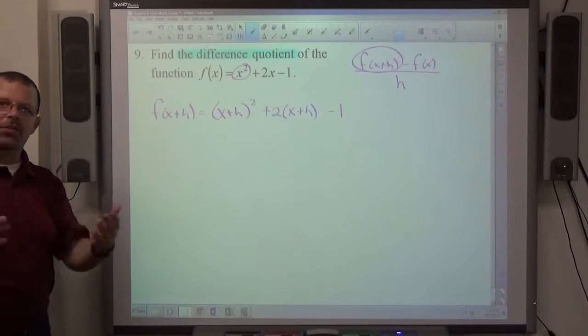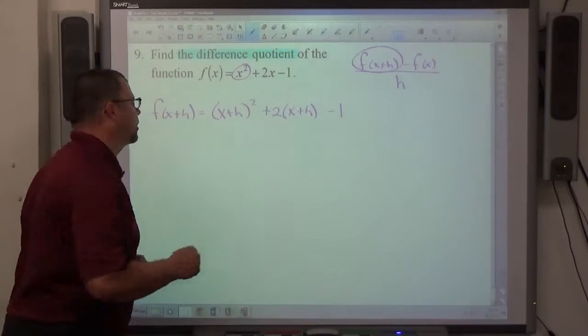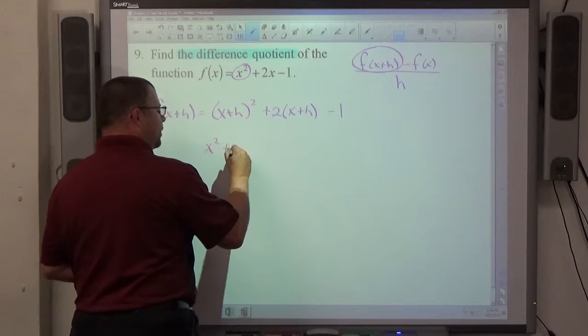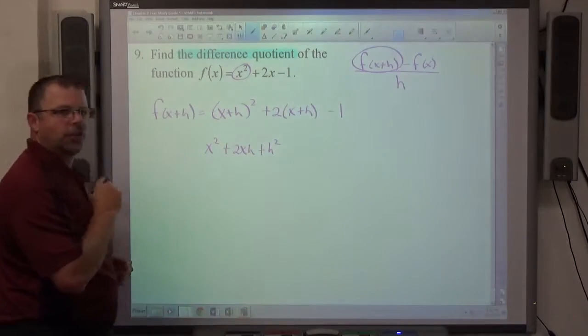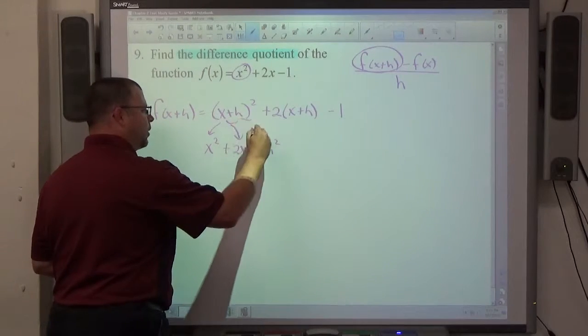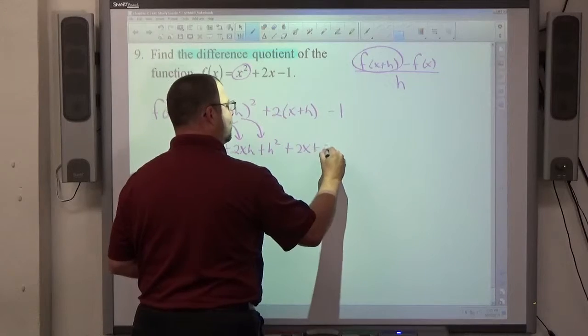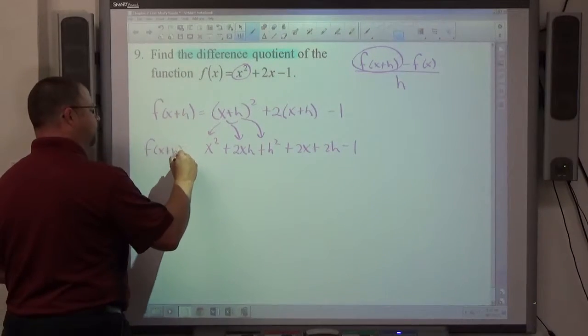Again, using parentheses as necessary, so we're substituting a single object for multiple objects. X plus h squared is just going to be the first thing squared, 2 times the two things multiplied together, the second thing squared. The same shortcut we've been using this whole year. Square the first, double the product, square the second. 2 times x plus h is plus 2x plus 2h, and then minus 1 is just minus 1. That's what f of x plus h looks like.